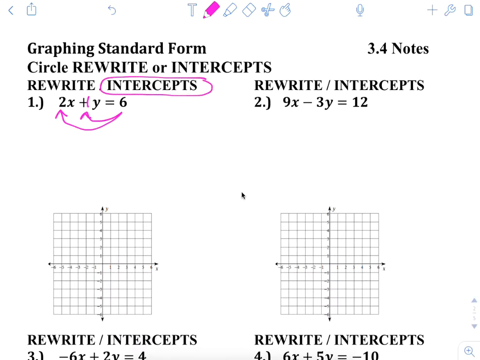Because I can divide it by both numbers. When I get to problem 2, can I do 12 divided by -3? Yes. Can I do 12 divided by 9? No. So on this problem, we're going to go ahead and circle it and say, I'm going to have to rewrite this because 12 doesn't divide by 9.